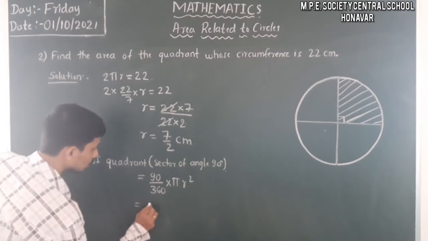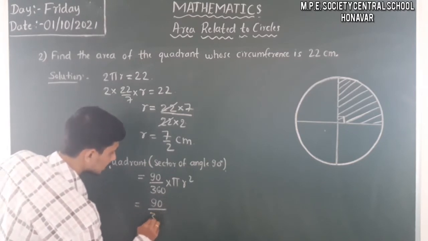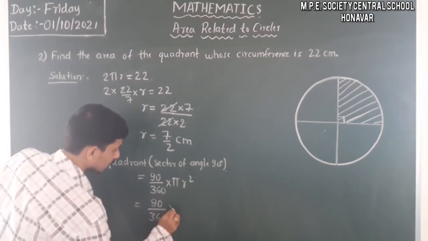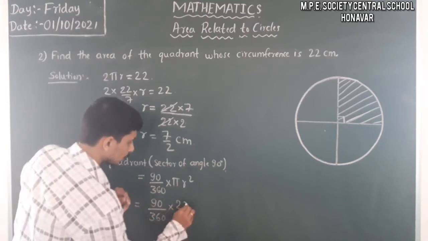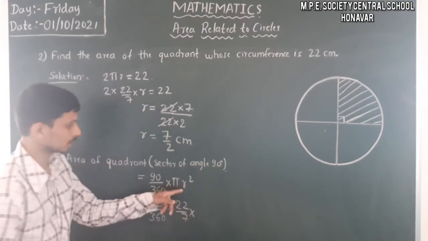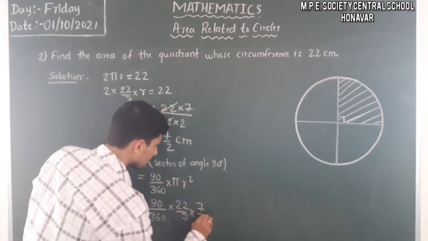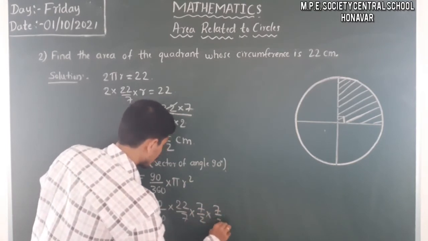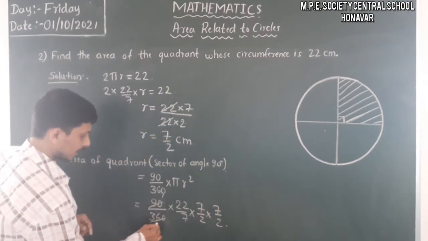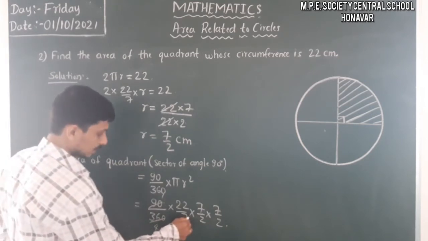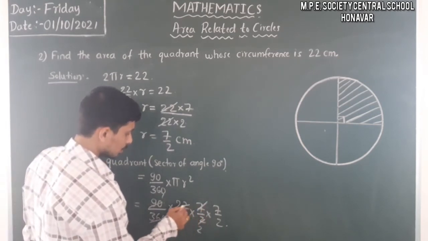That is equal to 90 by 360 into, what is the value of pi? 22 by 7, and r square I am writing as 7 by 2 into 7 by 2, and 90 to 360 gives 1 and 4. Then 7 gets cancelled and 2 into 11.